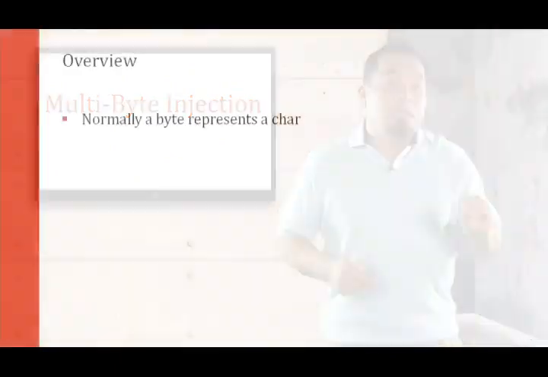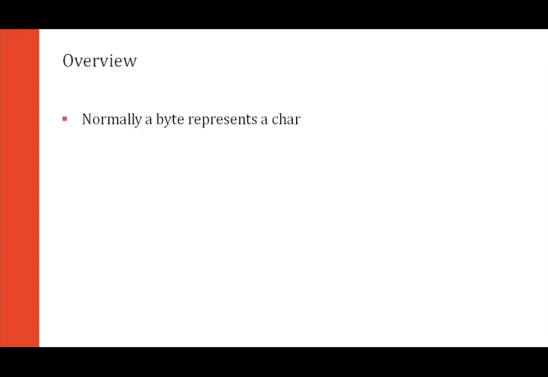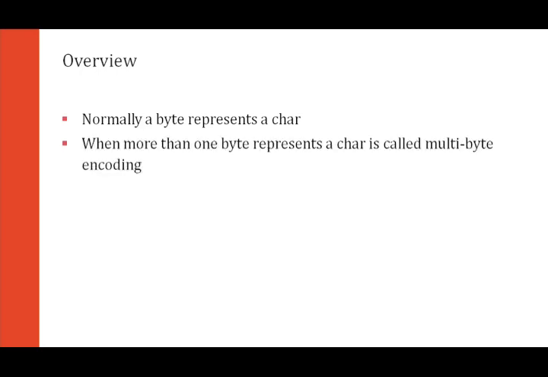Normally, a byte is represented by a char, right? We can say decimal 65 is equal to letter A in decimal, for example. But when we talk about multi-byte, that means it's not only 1 byte, it can be 2 bytes, which still represents 1 char. 2 bytes, 1 char, or more than 2 bytes.